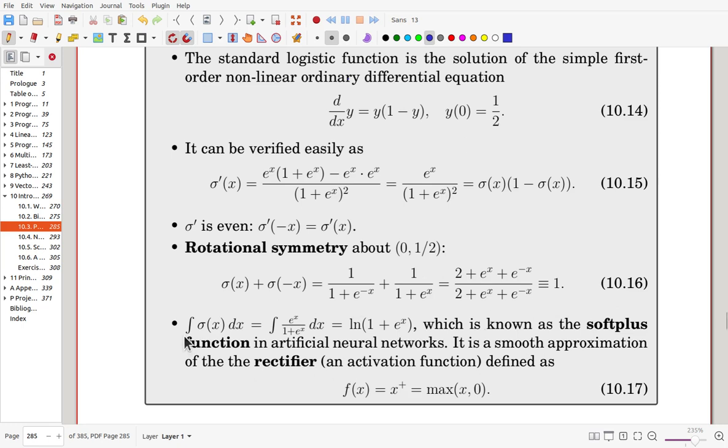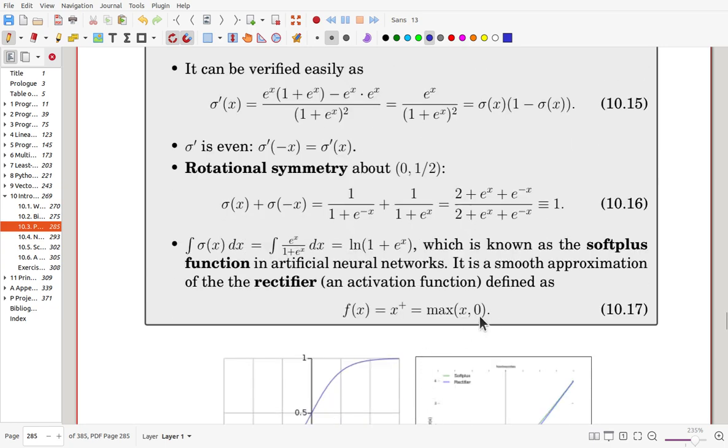If you integrate the function, then you reach the logarithm of 1 plus e to the x, which is known as the softplus, and it is a smooth approximation of the rectifier. The rectifier is defined in this way, taking the maximum between x and 0.